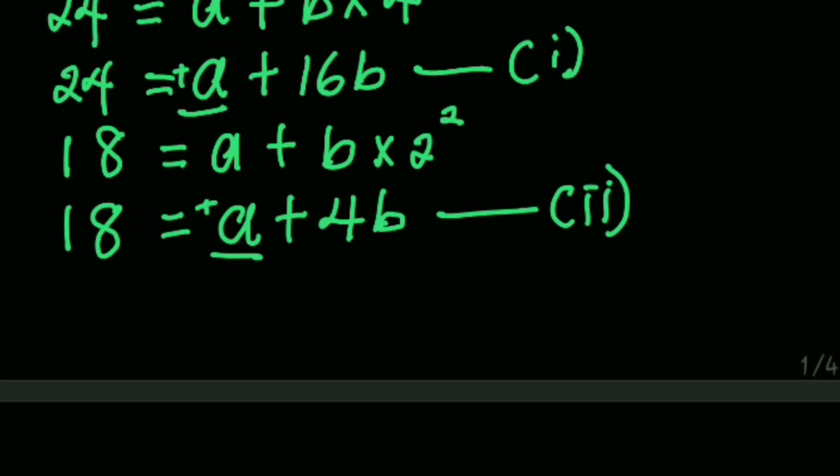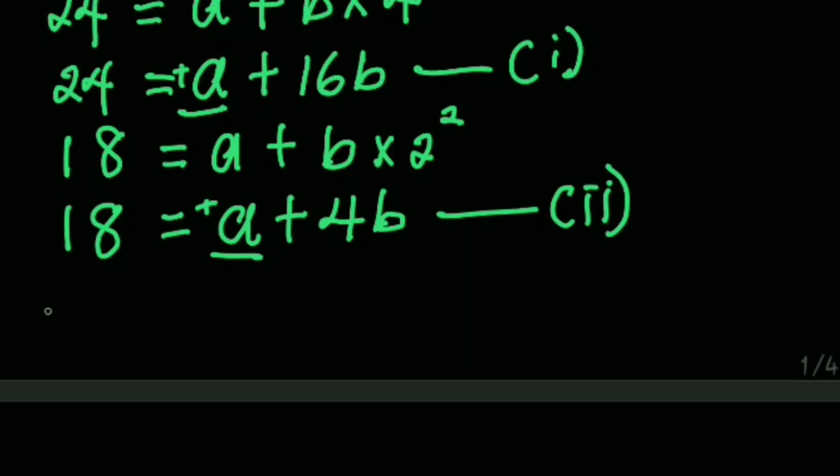And it doesn't matter whether you say equation 1 minus equation 2 or equation 2 minus equation 1. When the signs of the variable are the same, it could be plus plus or minus minus, provided the signs are the same, you subtract one equation from the other. But when the signs of the variable you want to eliminate are different, you add the two equations together.